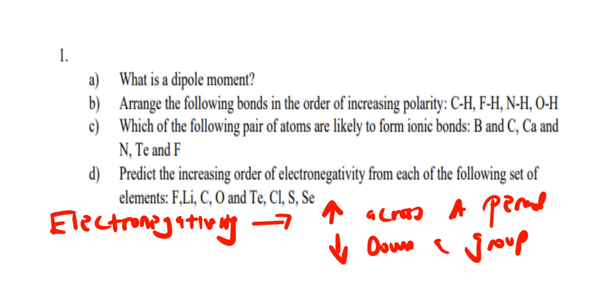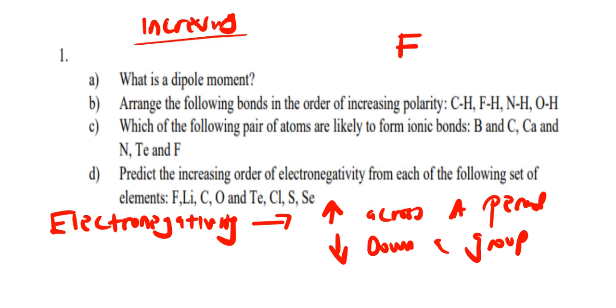So, in terms of increasing order, what are we going to have? You know that fluorine is the most electronegative element. If we're talking about increasing electronegativity, fluorine will be the last one. Most nonmetals are more electronegative.